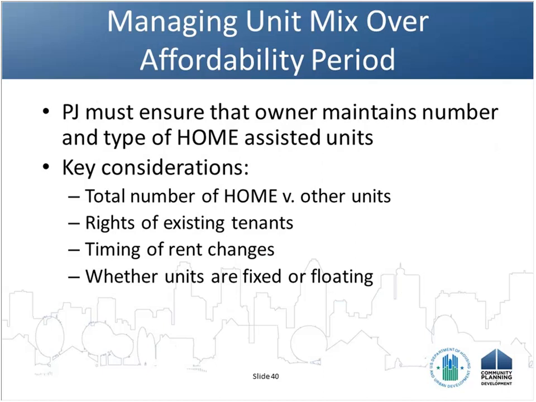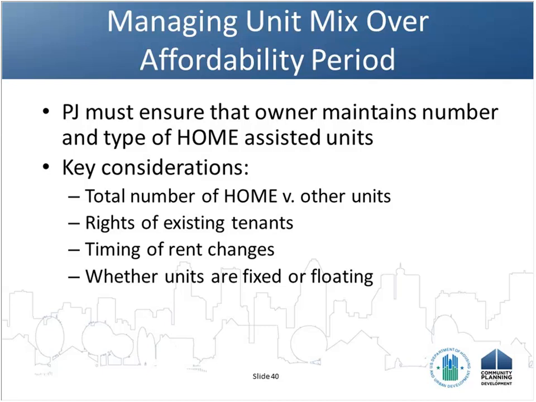So during that affordability period, I mentioned this when we talked about our written agreements, the PJ has to make sure that the owner of the property continues to manage that in a way so we still are in compliance with all those requirements in the written agreement. So we need to make sure that we still have the same number of required HOME units.